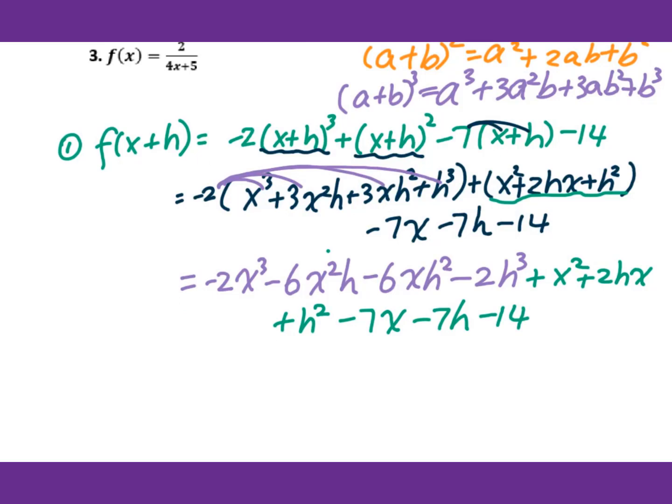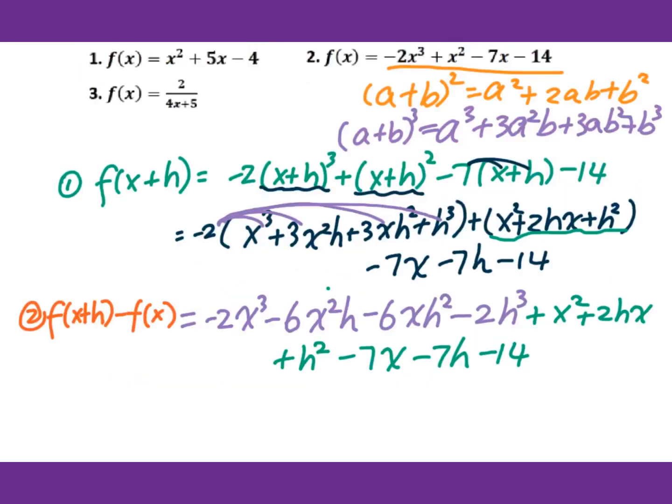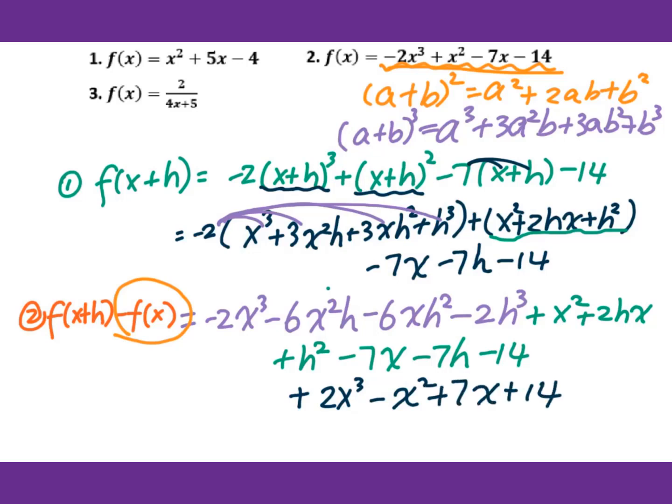Since the limit of f(x + h) minus f(x) here is too long, I will work on the second step. It's f(x + h) minus f(x) here. Minus f(x) means the opposite of this function. Therefore, I'm adding 2x third power minus x squared plus 7x plus 14.